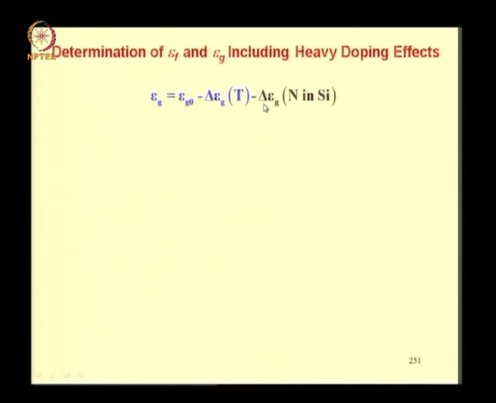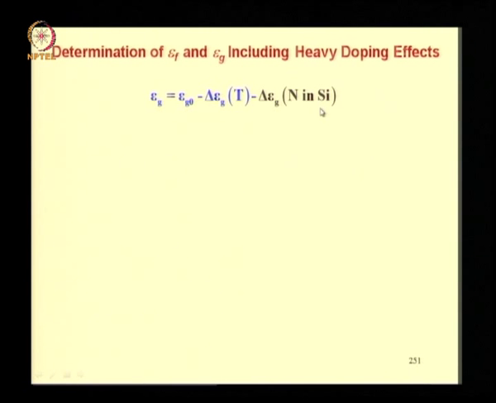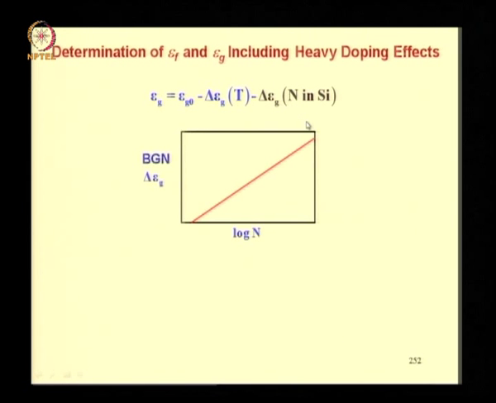Let us look at the band gap narrowing term for silicon. So, N stands for doping. It could be donor or acceptor. You have different expression for donor and acceptor.